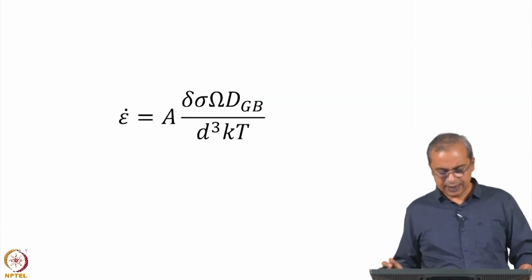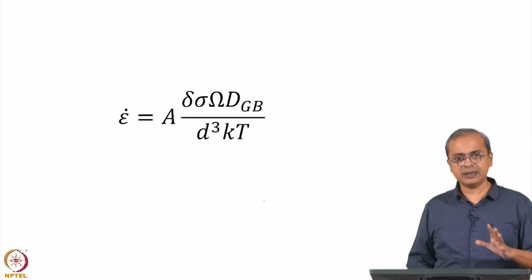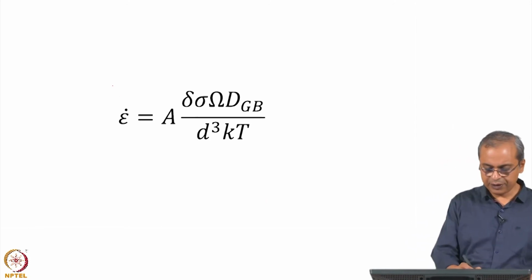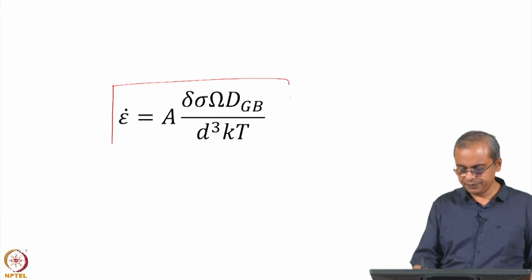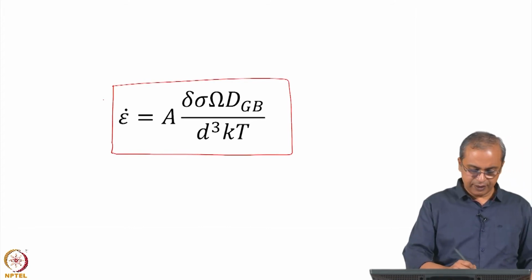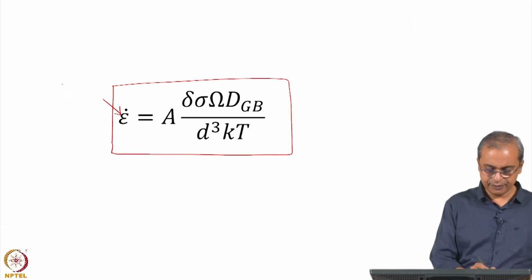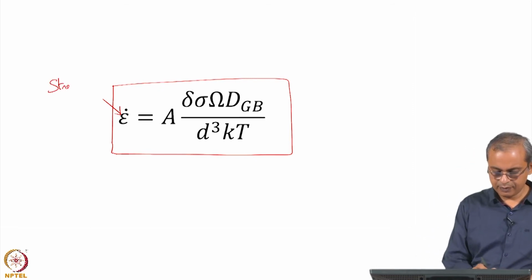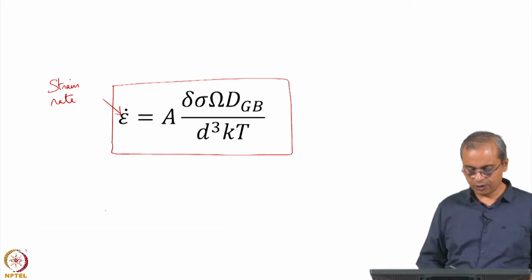To understand that, let us look at the equation which captures this idea of Coble creep or diffusional creep. So, what you have here is strain rate, that is epsilon dot.